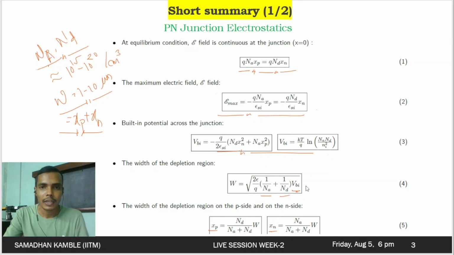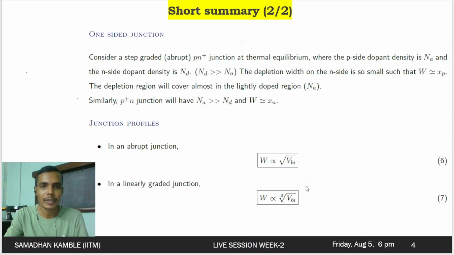Then going to the second page of the summary, we also considered a one-sided junction. For example, consider a step graded, or say abrupt, junction formed by a P and an N plus type of semiconductor, at thermal equilibrium, where the P type dopant density is Na and the N side dopant density is Nd.